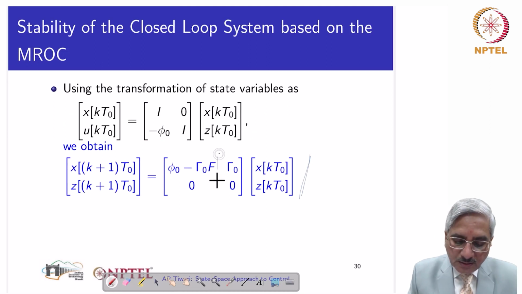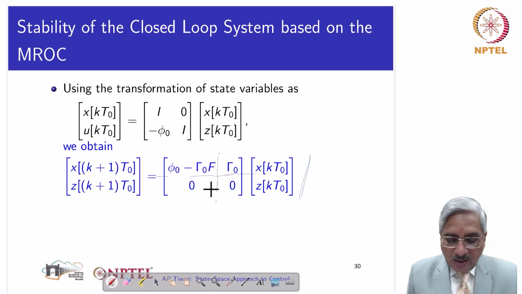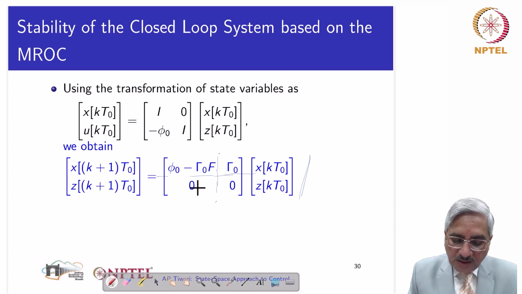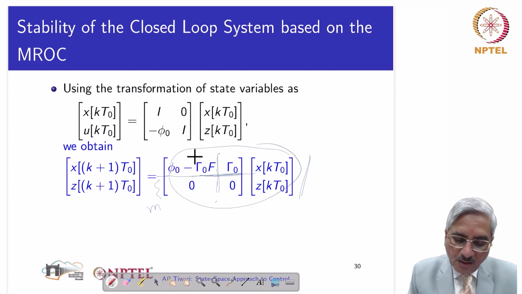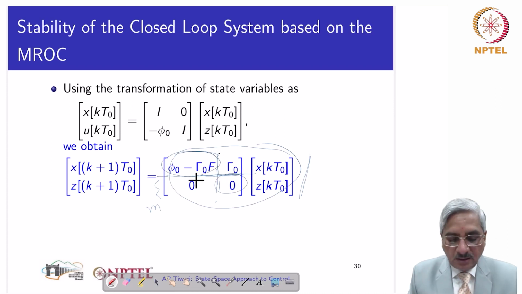We see a very important thing from this system: because the lower m rows are all zeros, the eigenvalues of this whole system are those of this and zeros.